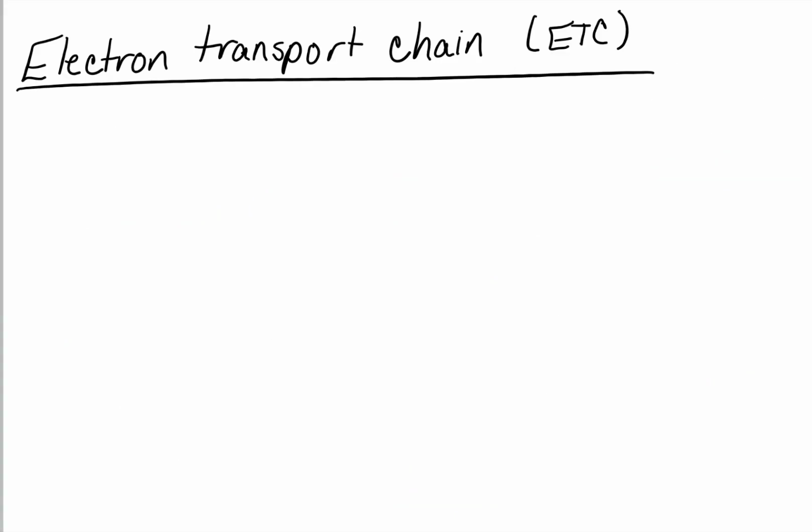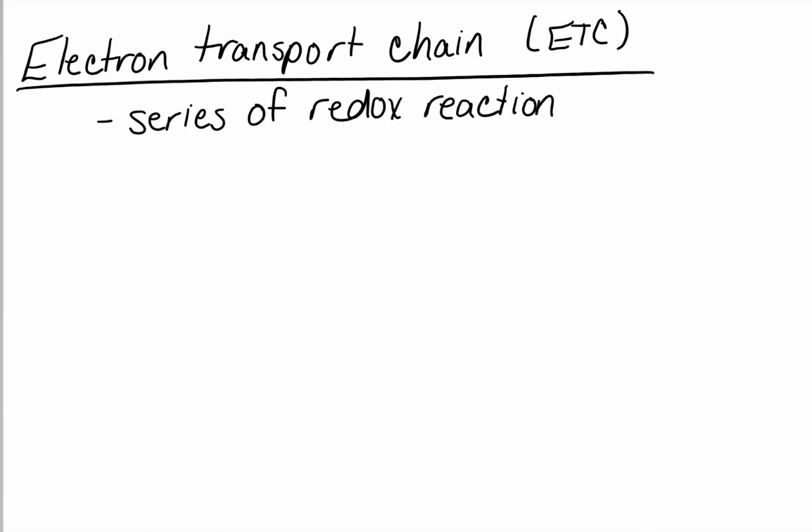As mentioned, the electron transport chain is an important part of cellular respiration, and we're going to talk about it in more detail in the next module, but for right now I want to give a brief overview or summary of it, because ultimately the electron transport chain is a series of redox reactions. And since we are talking about these redox reactions and the transfer of electrons releasing energy, I thought it was a good place to add this information.